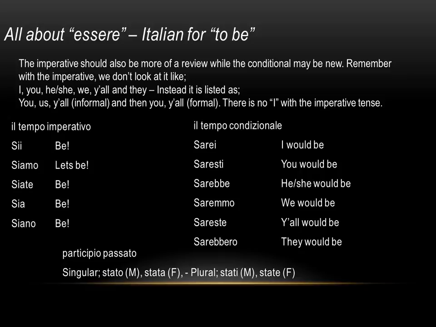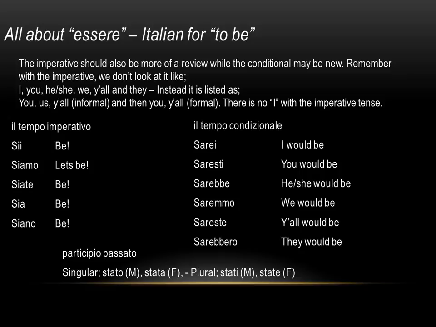So the past participle in Italian for essere is stato. But stato is only singular and masculine. Some past participles you don't have to worry about gender. Essere, you do. It has to match the subject. Io, tu, lui, lei. So if it's a lady, instead of stato, it'd be stata, because that is the feminine. If it's plural, it's either all male or mixed, stati.